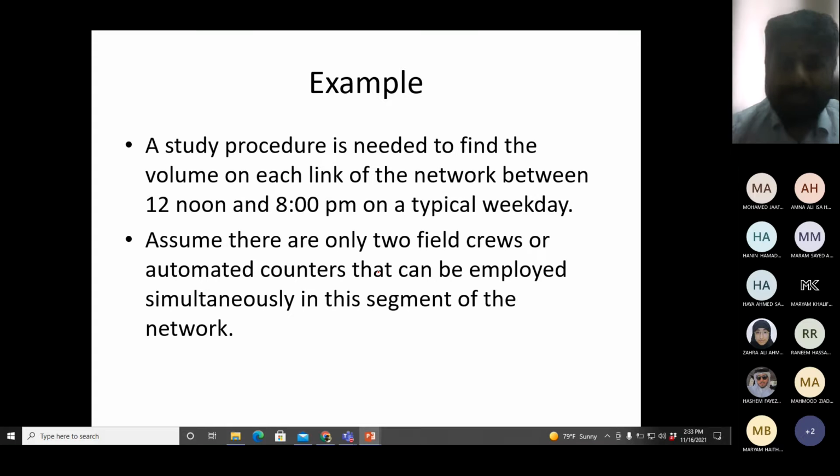In the first version of this example, they are saying find out on each link, so on all the 7 links, I need data from 12 noon to 8 p.m. on any typical weekday. Any typical weekday means 1 day is enough for me.